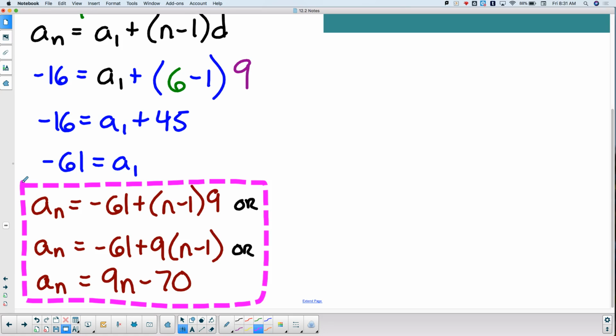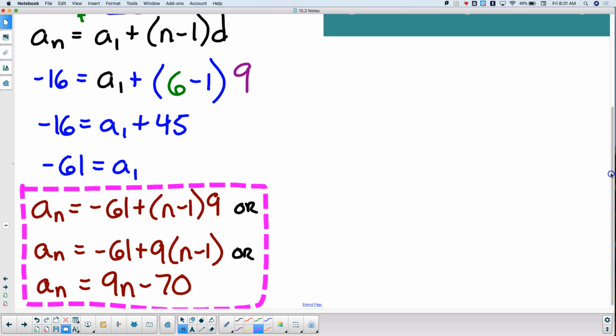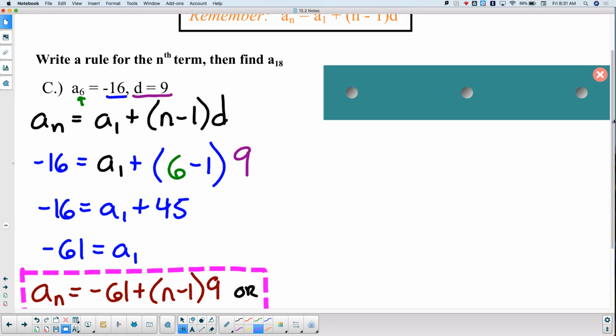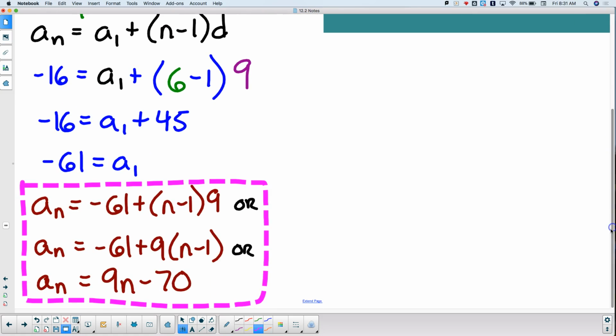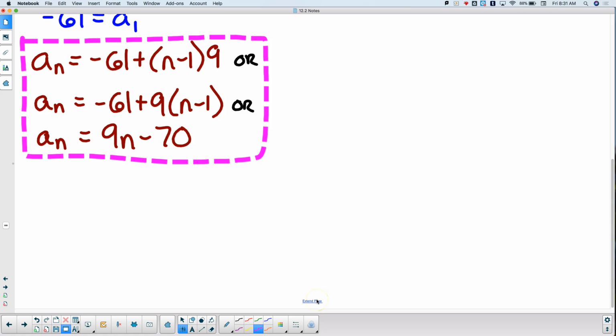It also asked us to find the 18th term in that particular sequence. So we need to find the 18th term.